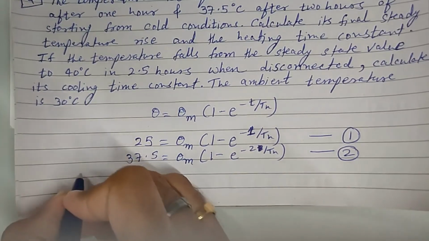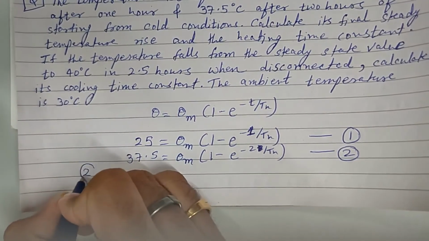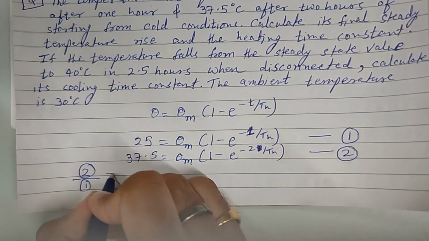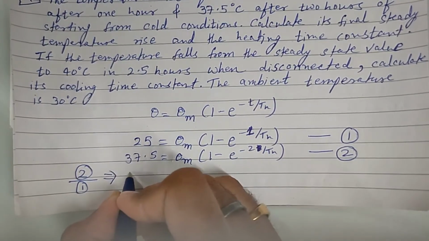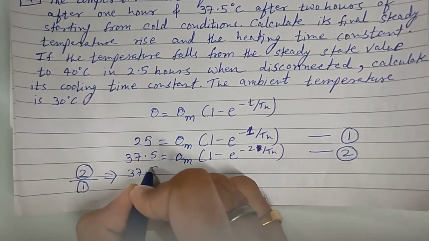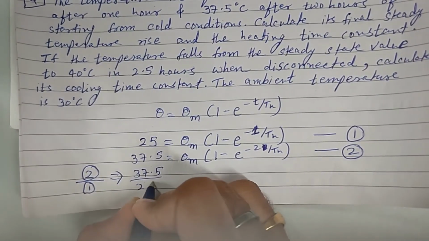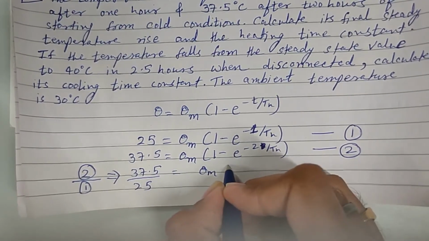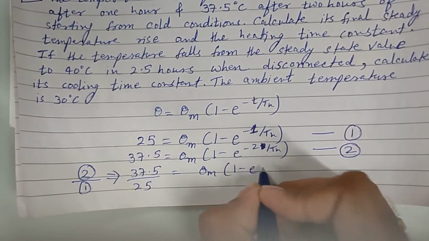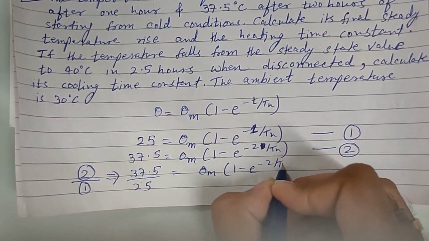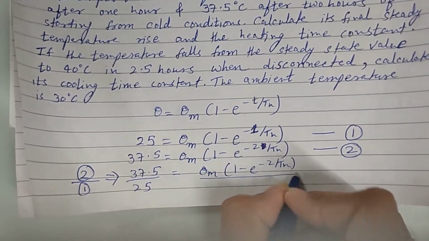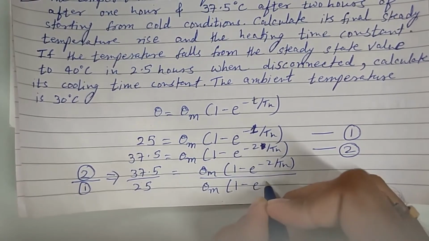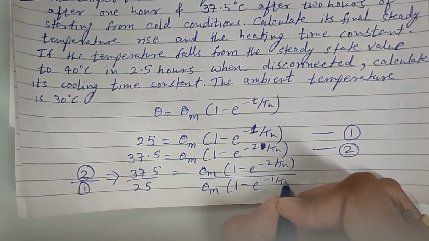If we try and solve this by dividing equation 2 by equation 1, what we get is 37.5 divided by 25, which is equal to theta m into 1 minus e raised to minus 2 upon th whole divided by theta m into 1 minus e raised to minus 1 upon th.